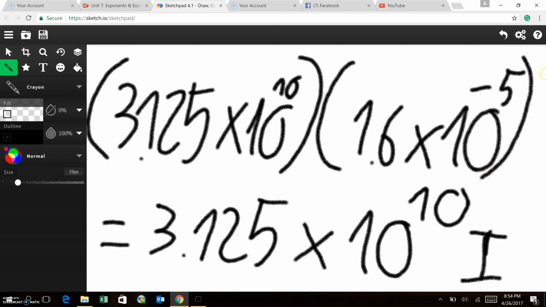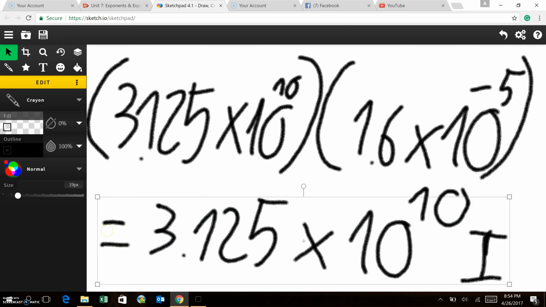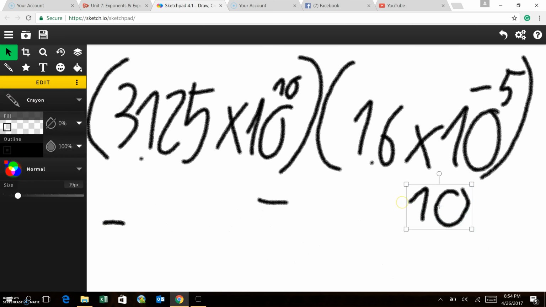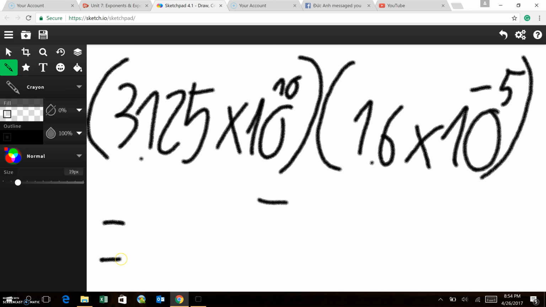As I said, this is the conversion of 1 inch to miles. So 3.125 times 1.6, just like last time, is equal to 5.